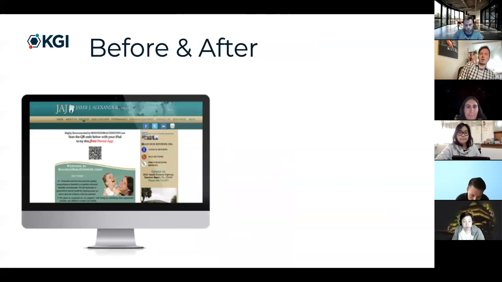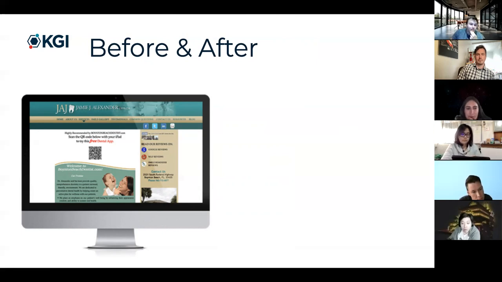So let's do a quick before and after. Here's an example of a site that might not be the best layout. Now, anyone want to give some feedback on this site? Things that you think they might need to change? I think there's too much white space, and then the color, we talked about how like cool tones don't really draw attention potentially.